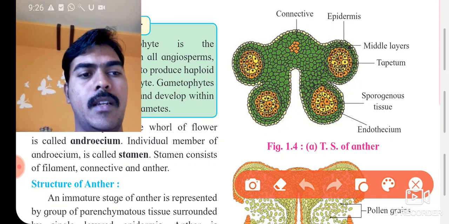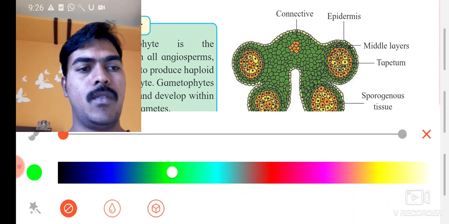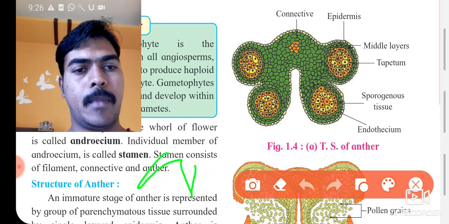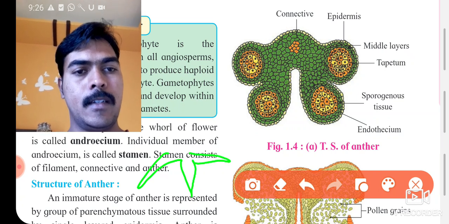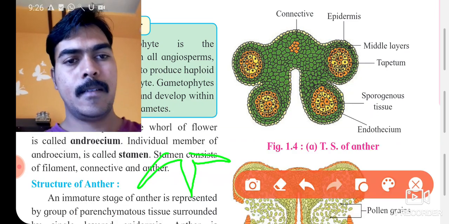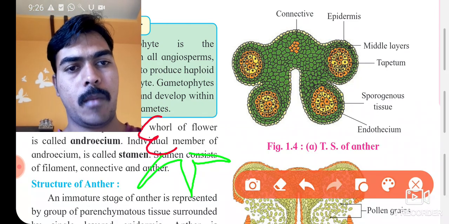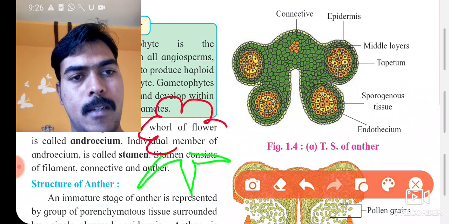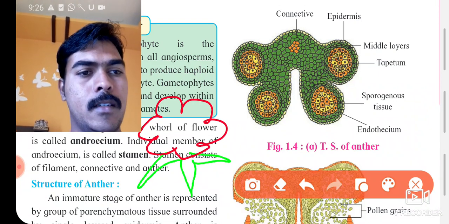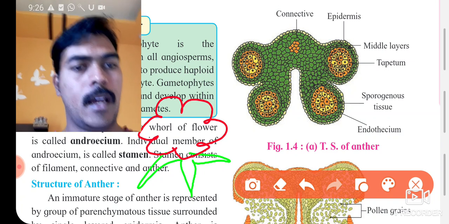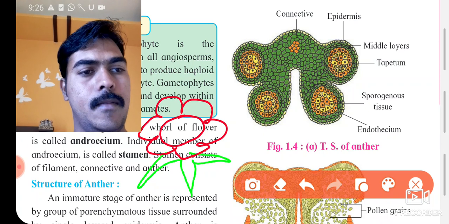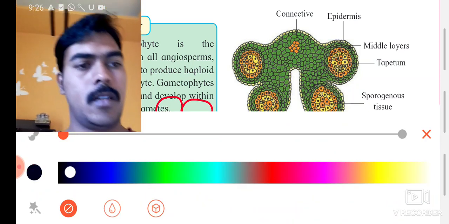There are mainly four different floral structures, which are called sepal, petal, stamen, and carpel. Okay, so let me show you.